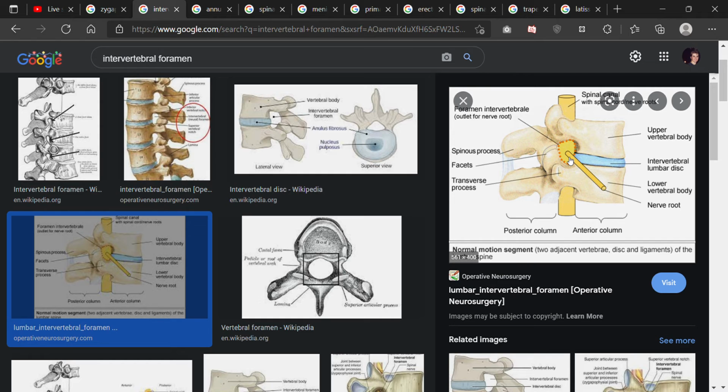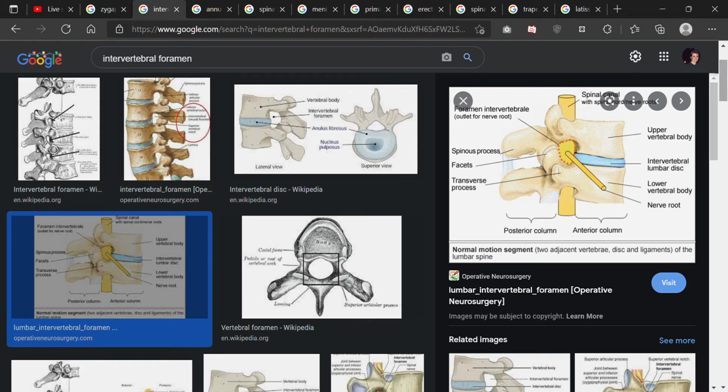So it's very important that you keep this free of any kinks, and whenever you do have pain, you might have an impingement in your spinal cord or one of those nerves near that area, and you gotta make sure to look at that. But going on, that's the intervertebral foramen.